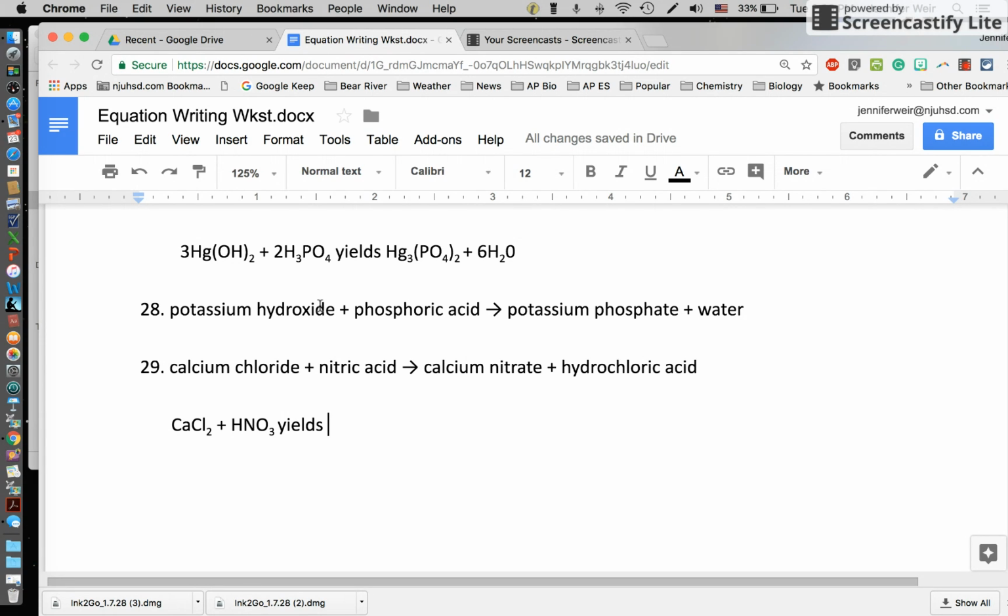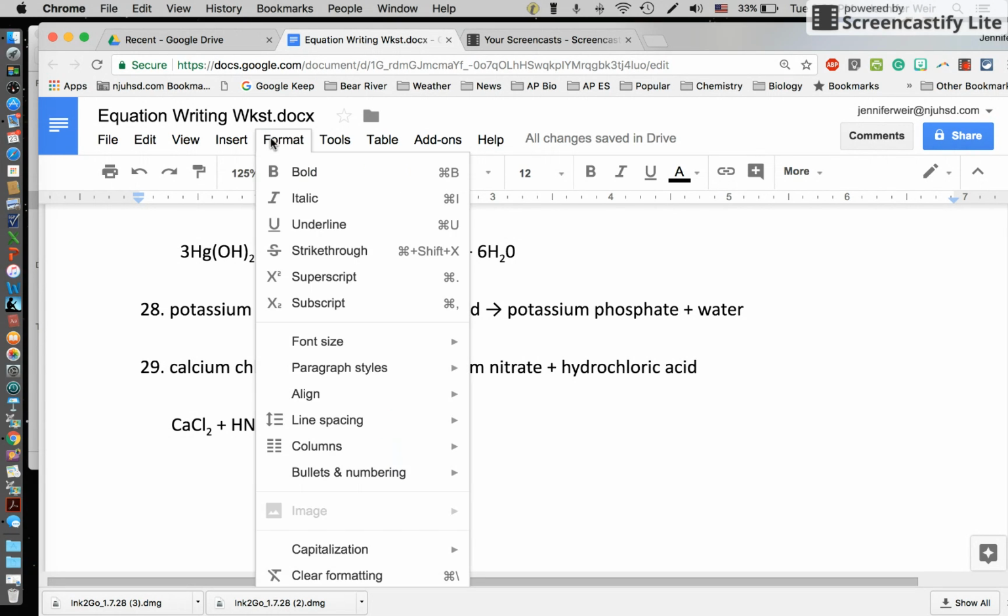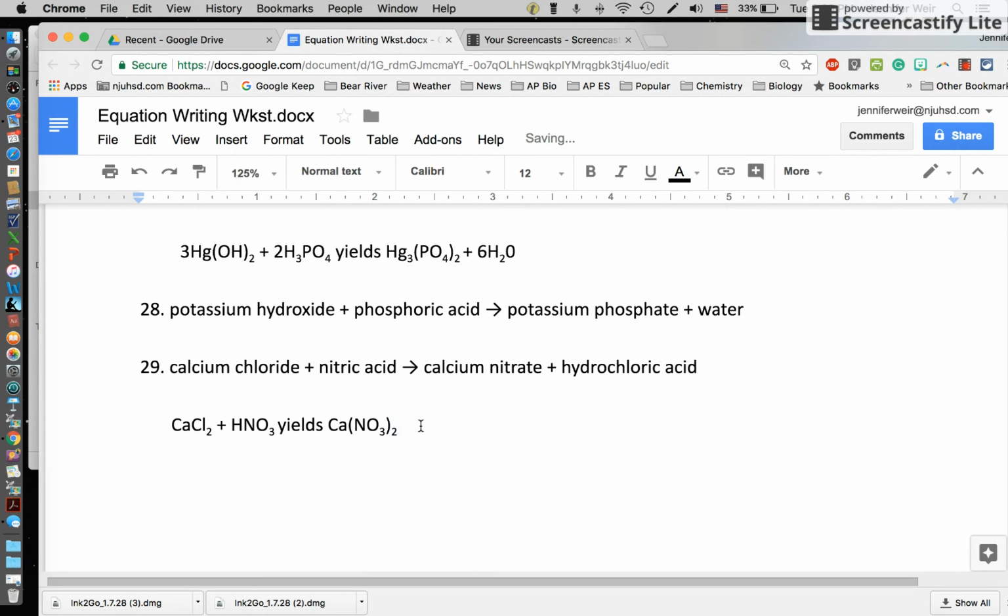So I'm going to have a quantity of 2 of those nitrates to make a net charge 0 ionic compound. And then I have hydrochloric acid, and hydrochloric acid is HCl.